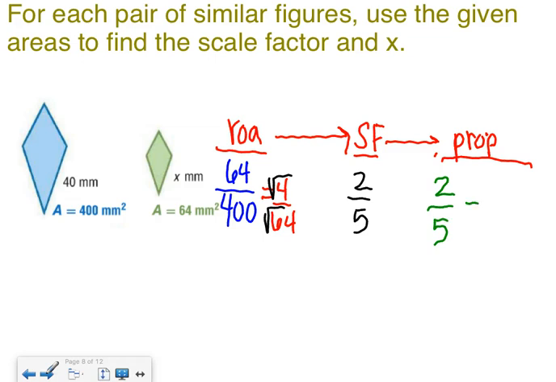Do I get a sticker? Yeah. Did you get 16? Yes. Good job. I know. I got 25. Good job. Yeah, that's 25.